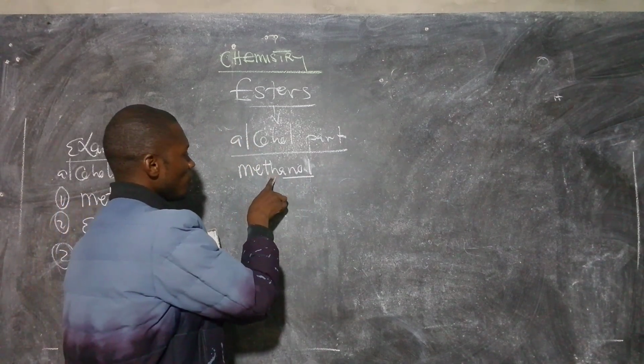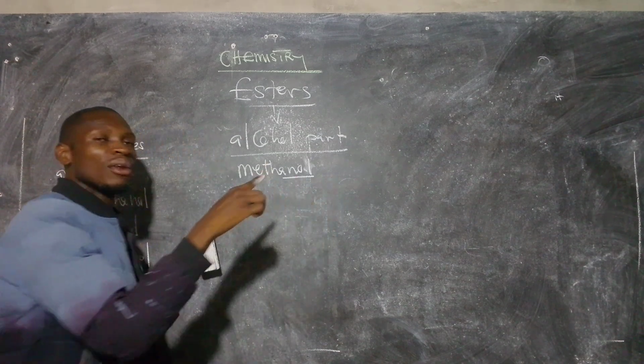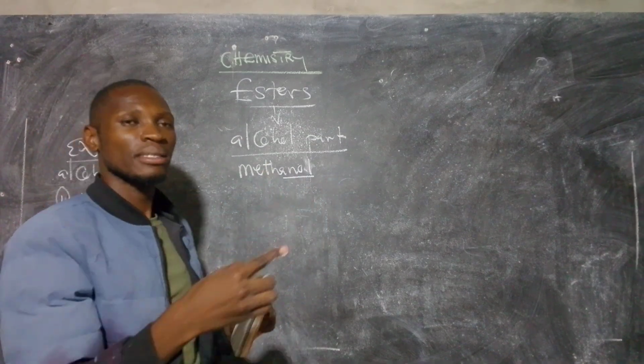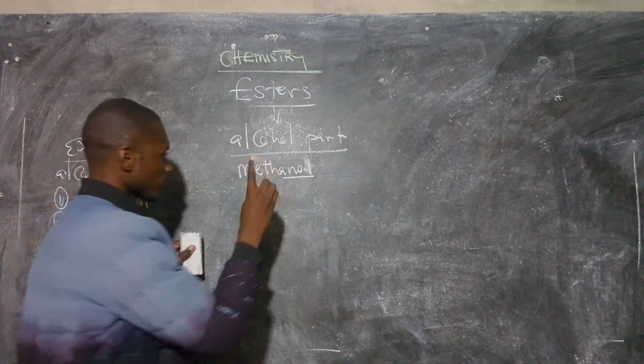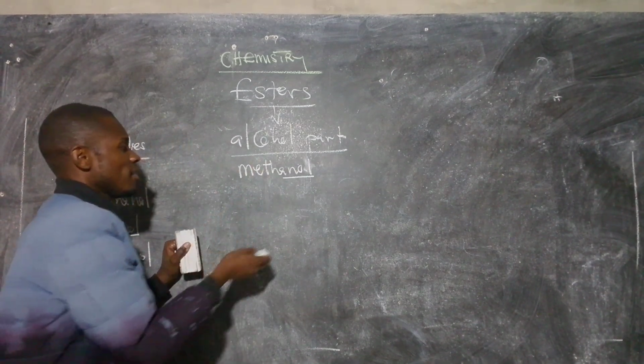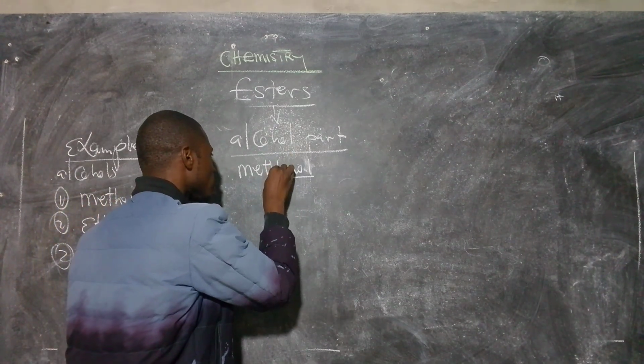So alcohol will lose its ANOL part, and then that part will be replaced by YL. What am I saying? We are saying that from the alcohol part, we are going to remove this part.